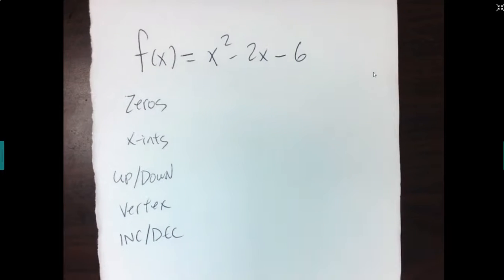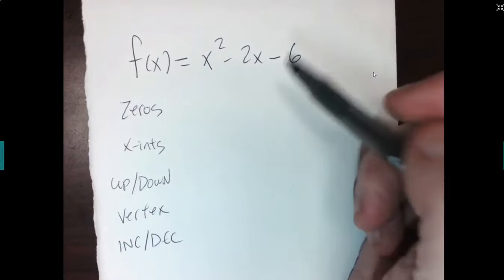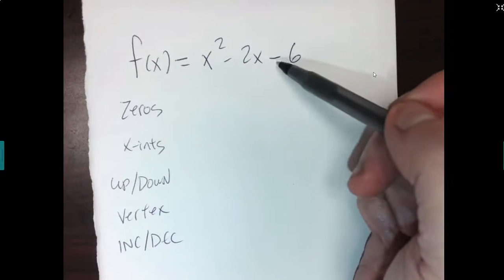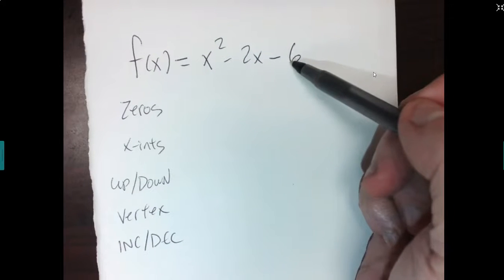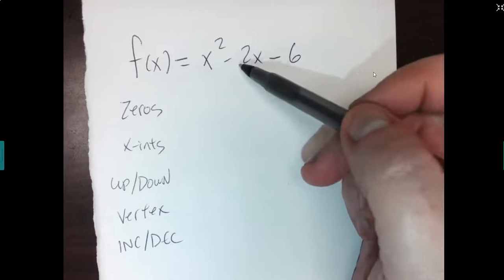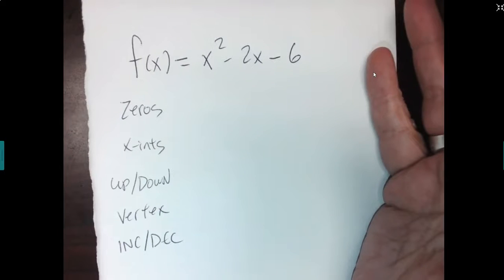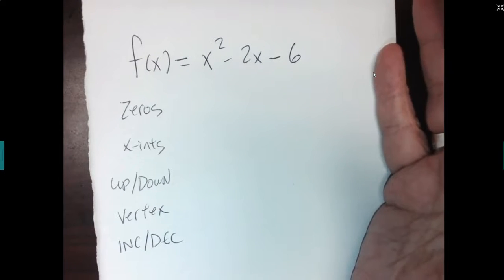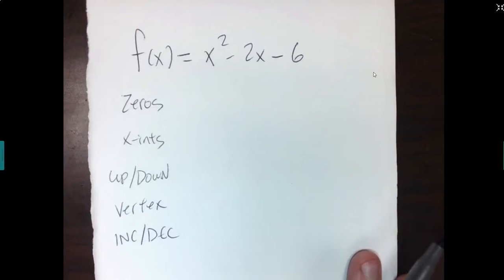Okay, so for the zeros, I could try and factor this, but I'm not going to be able to find two numbers that multiply together to give me -6, but at the same time add up to give me -2. They just don't exist, not any two integers. So I'm going to have to use the quadratic formula.